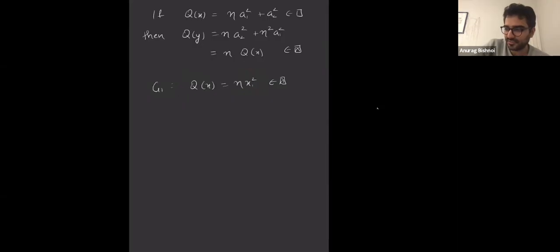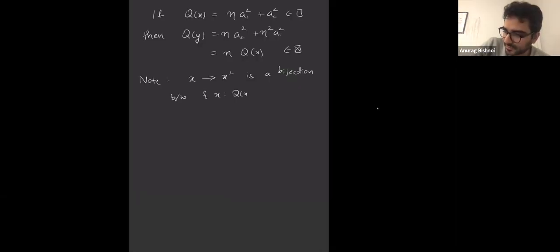But another thing to note in this more complicated G2 is that x going to x perp is a bijection between all those x for which q of x is a non-zero square and all those x for which q of x is a non-square.